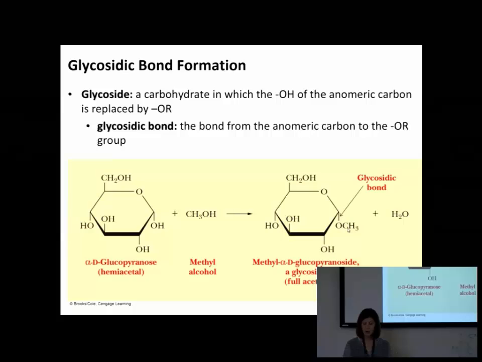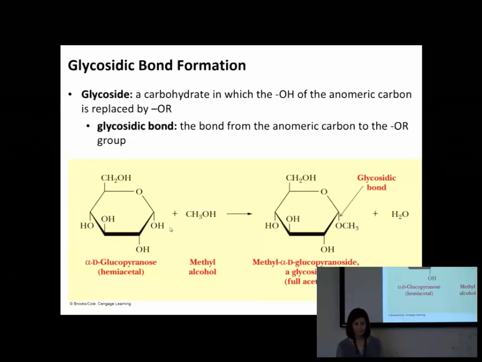Now the carbon can be in a simple alcohol. It can be something crazy, and we're going to see how crazy it gets later on. But we can see that this was a reducing sugar, and since we have a carbon here, it is no longer a reducing sugar.